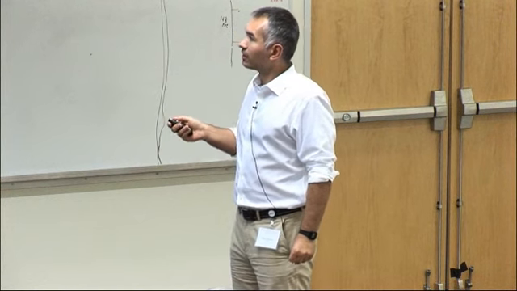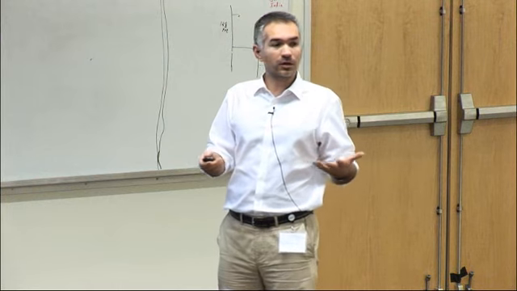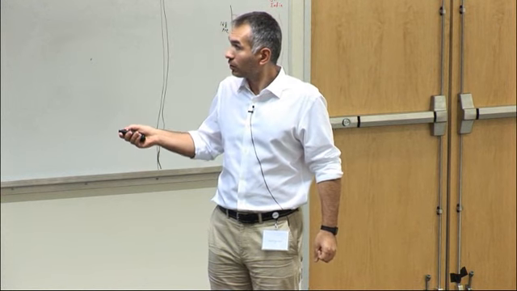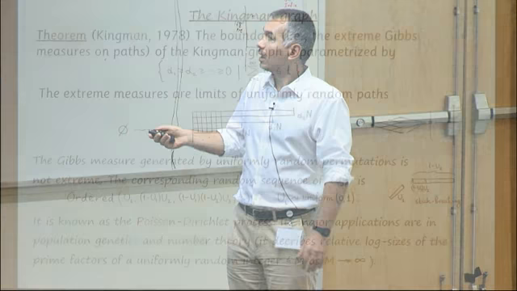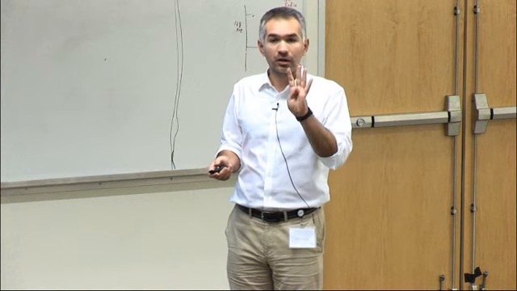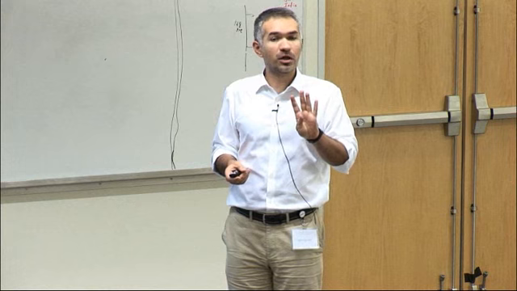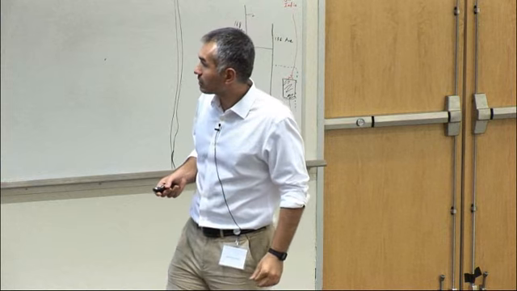And the fact is the following, that the role of my point going to the boundary in the Pascal graph is now played by a sequence of partitions, or Young diagrams, that grow in a prescribed way. And that growth is that the rows grow proportionally to the total number of boxes in that partition, and the coefficients of the proportionality are fixed. And these partitions label the Gibbs measures. These are the extreme measures, and all the other ones one gets by convex combinations of these ones. Okay? So that's the statement.